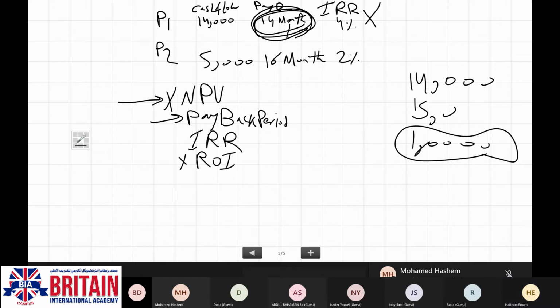Let's say you are going to invest a certain amount of money in a certain project, and they tell you that after 10 years you are going to get this amount of money. Within seconds you have decided, oh, this is a good project.